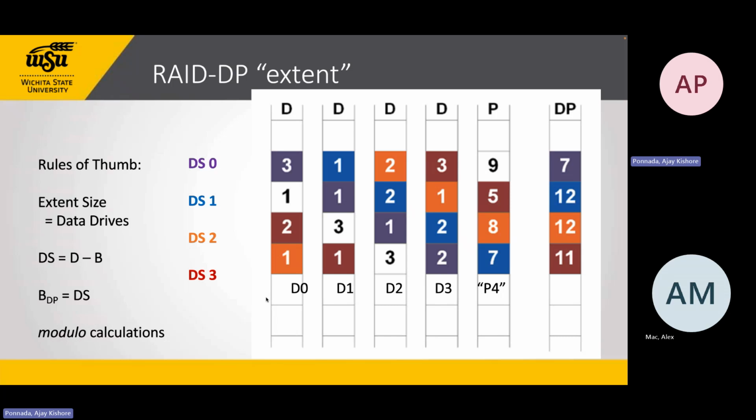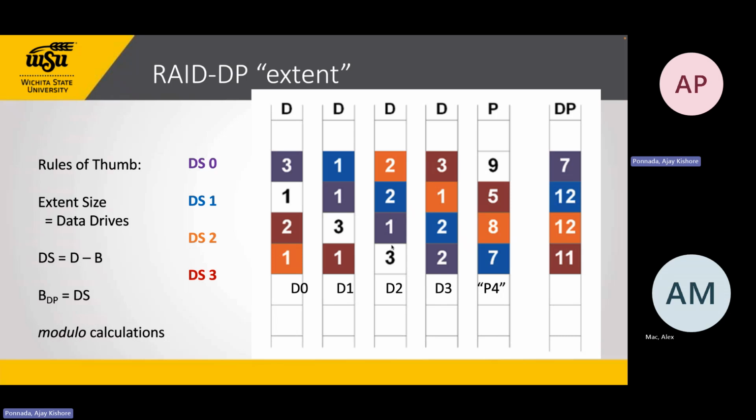Okay. So D minus B. For example, if we take this element right there, it's D0, B0. So 0 minus 0, it's 0. And again, let's take this one here. It's B1, D1. So 1 minus 1, it's 0 again. So it's 0 diagonal parity.